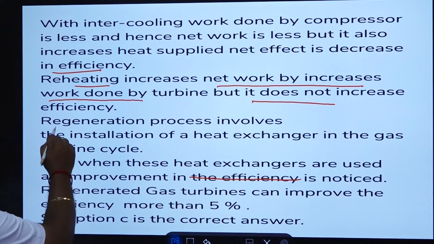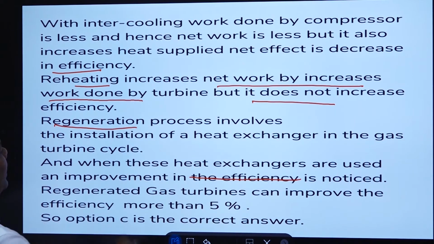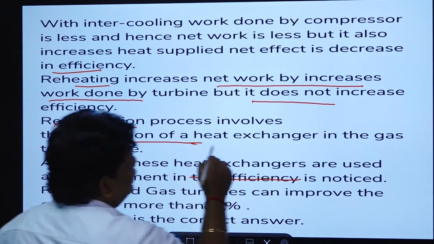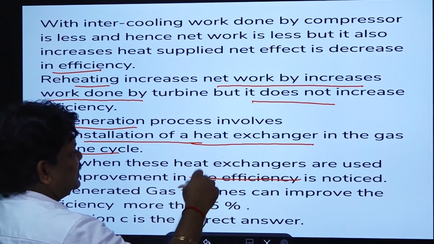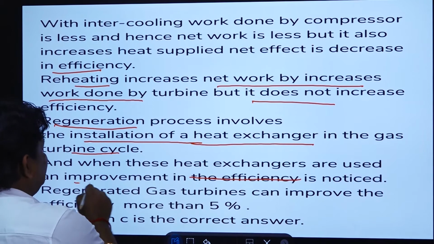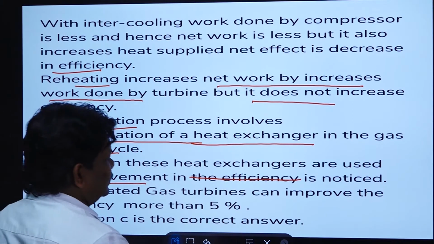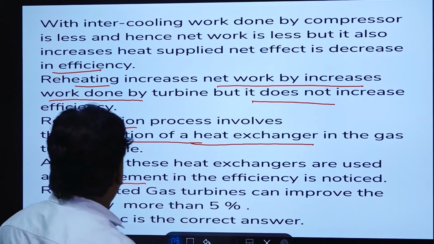Then regenerator: if you go for regeneration, with installation of this heat exchanger in the gas turbine cycle, it improves the efficiency. You can notice the improvement in the efficiency.